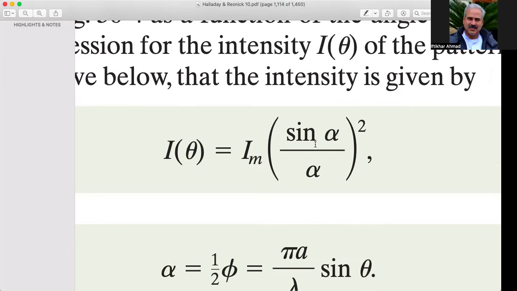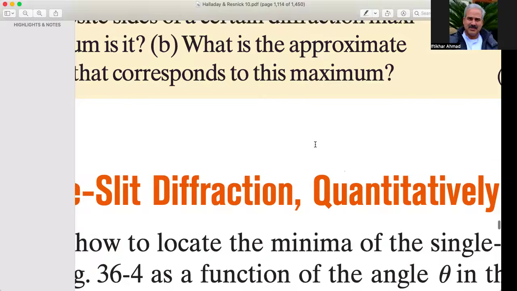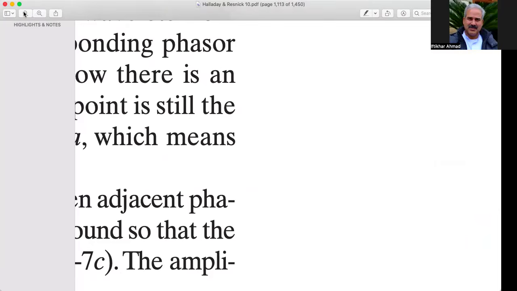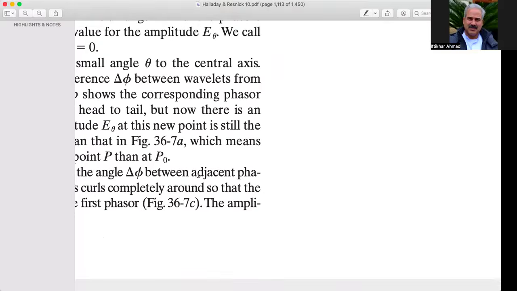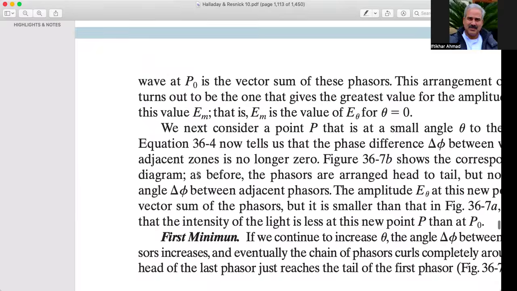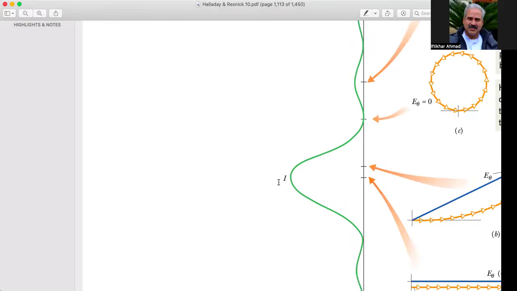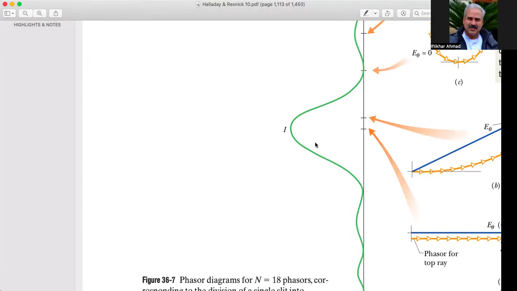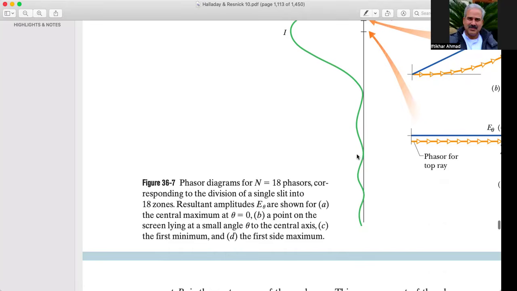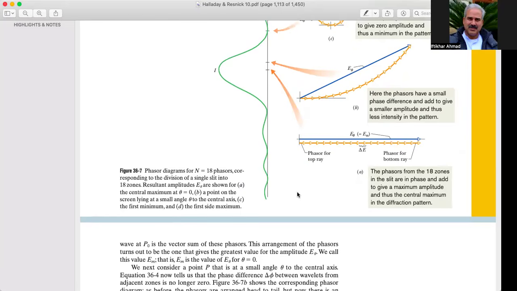And that's why, as per this equation, if we come back to our diagram, because of that equation, the intensity is decreasing. Look at here, then look at here, and if you go further, the intensity is decreasing step by step.